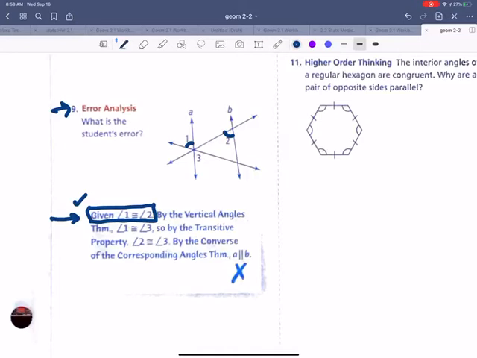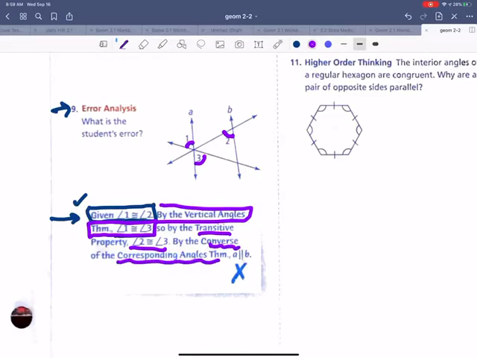Then it says angle 1 and angle 3 are also equal because of vertical. That's good. I like that. Then it says by transitive property, angle 2 would have to equal angle 3. That's all good. But now it's saying because of the converse corresponding angle theorem.